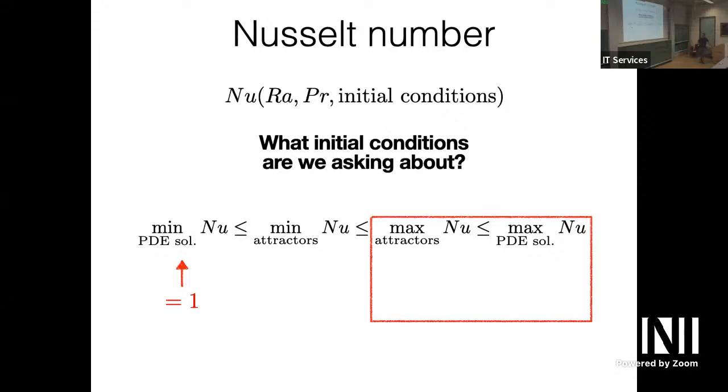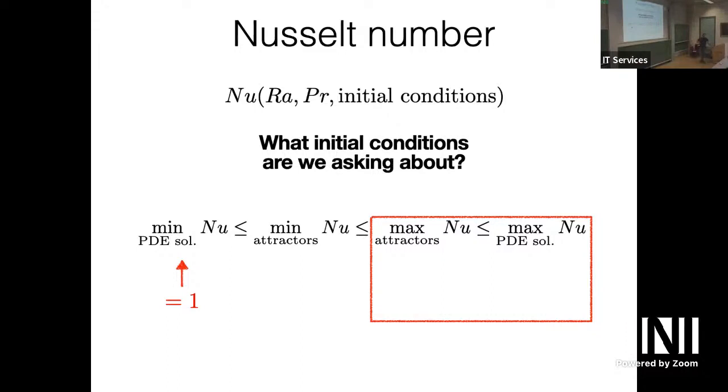So let me just say I want to restrict attention to these 2 quantities, and I'd be happiest to know how the max over attractors scales. That's too hard. So I would settle for even knowing how the max over all PDE solutions scales. That's too hard. Well, maybe not, but not solved.